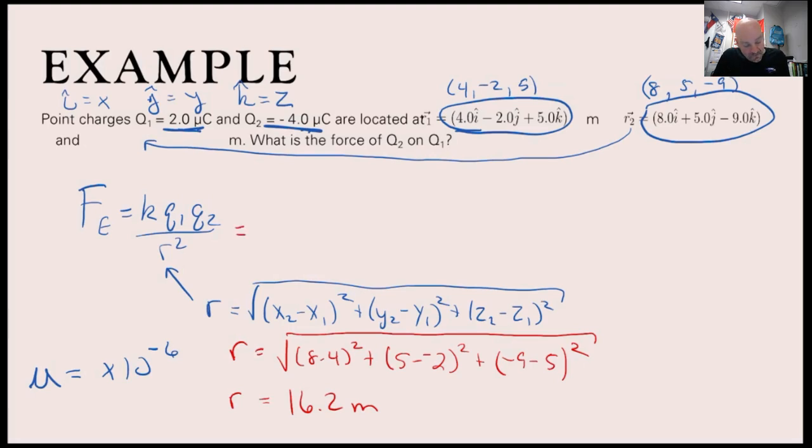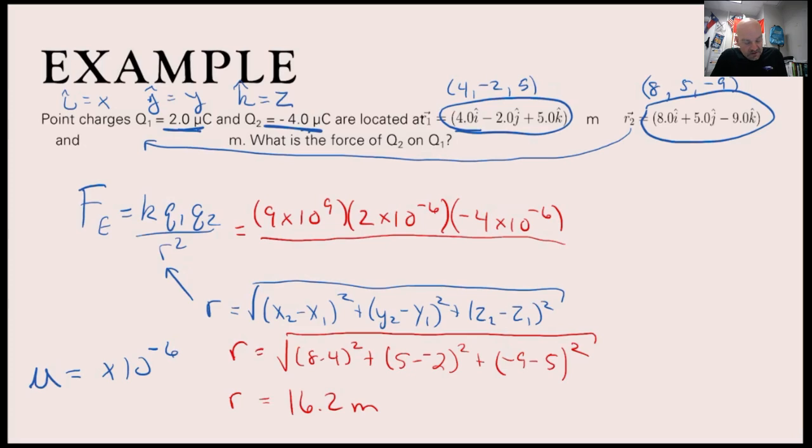Okay. And now we can just plug in. So 9 times 10 to the 9th. Now we do 2 times 10 to the negative 6th coulombs, then negative 4 times 10 to the negative 6 coulombs, divided by 16.2 squared. Okay, so note that these two have opposite signs.